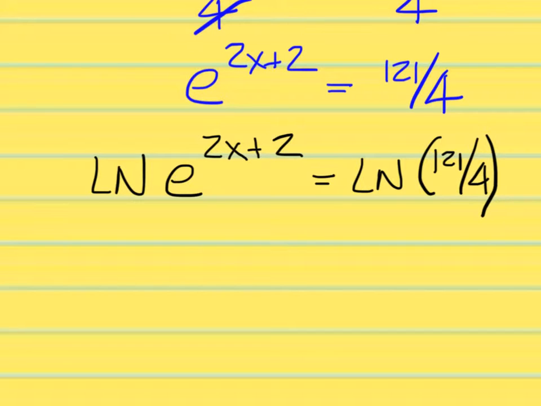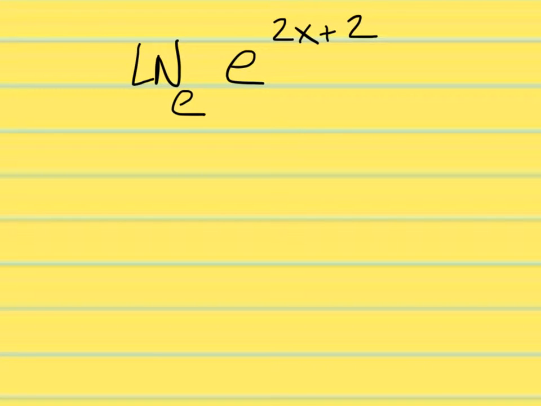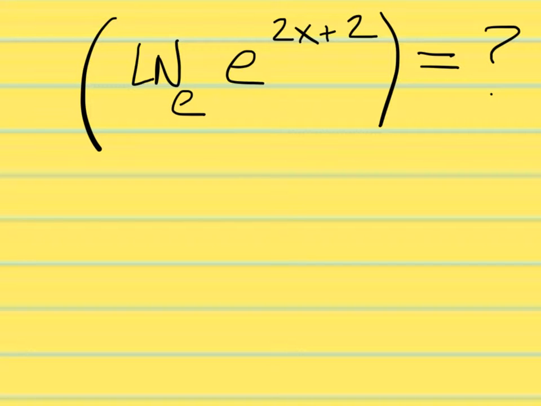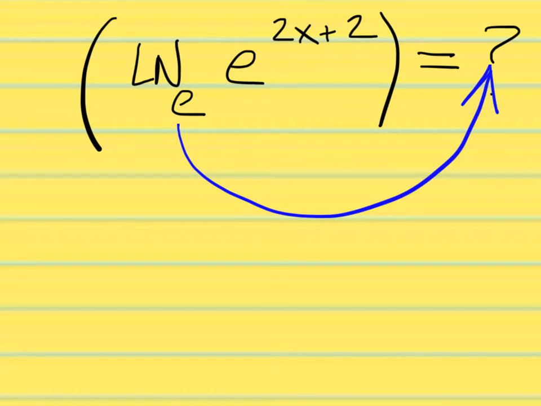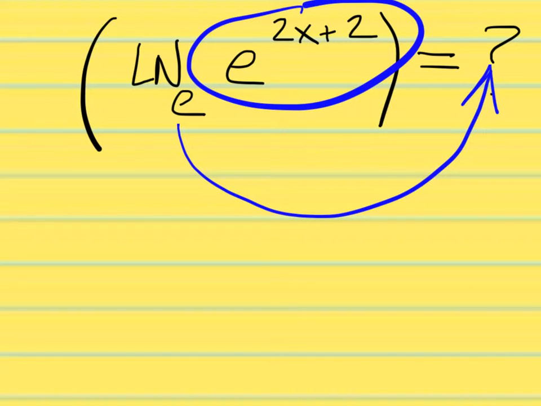But if you have log natural of e to some power, remember that log natural has a base of what? Log natural has a base of e. So if you have a base of e, and in this case we have a log natural base e of e to the 2x plus 2 power, then think of it as this whole thing being equal to something. Remember the pattern for simplifying these. E to some power is e to the 2x plus 2 power.